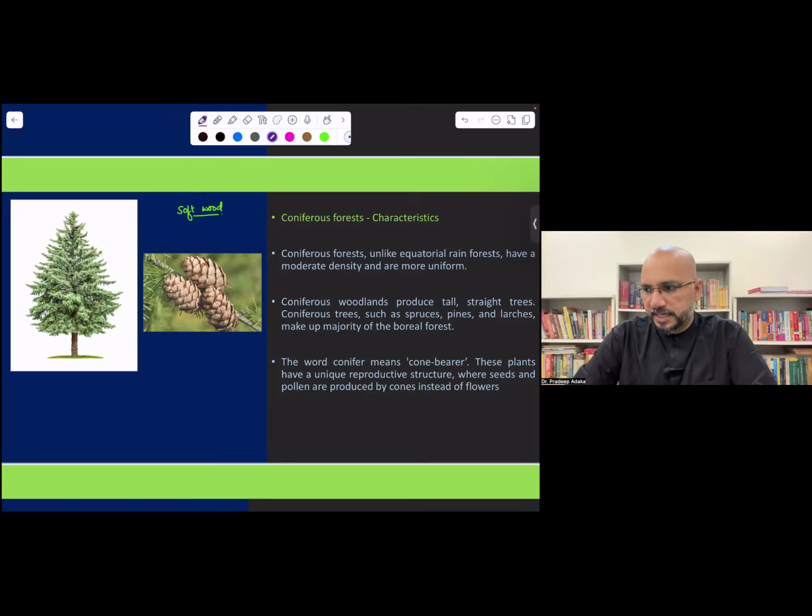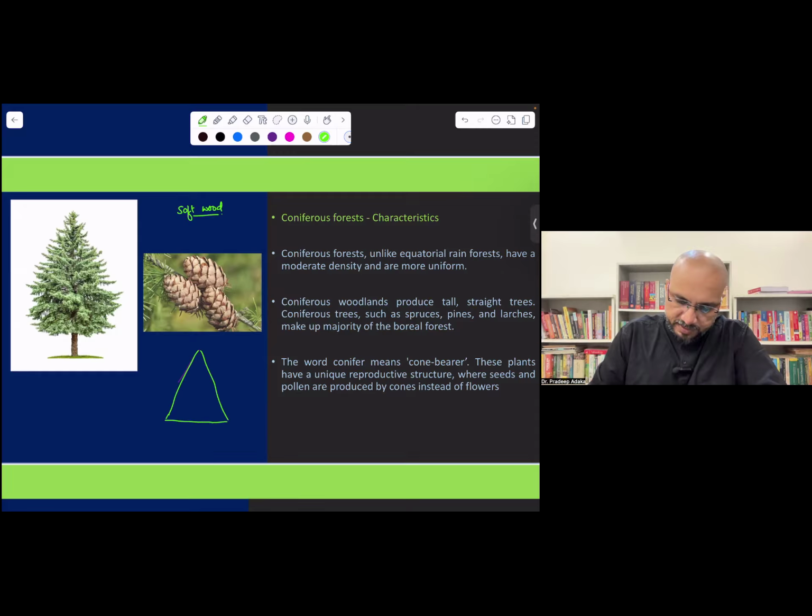Most of the people give a different answer, right? Most of the students, when they are asked why these are called conifers, they give the answer that these are called conifers because of their shape, the overall shape is in the form of a cone.